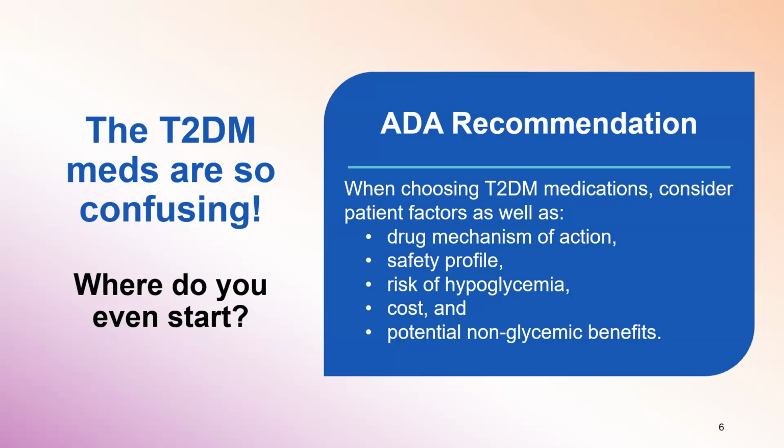And the ironic part about this is that, in my darker moments, what I want to say is, could we just go back like 30 years when we had sulfonylureas and metformin and that was about it? And I say that in jest, and of course we always had insulin. Of course, that was then, this is now.